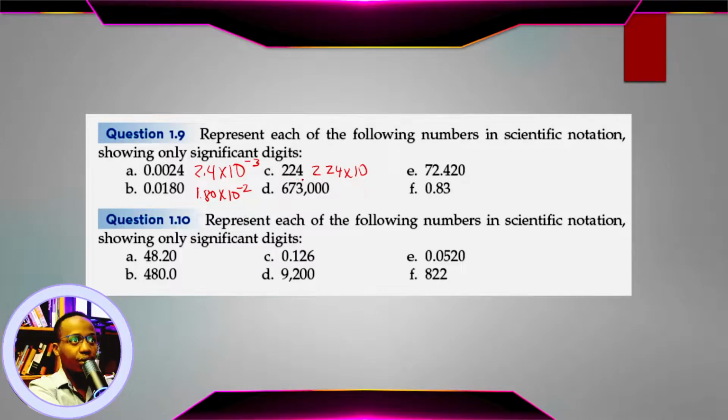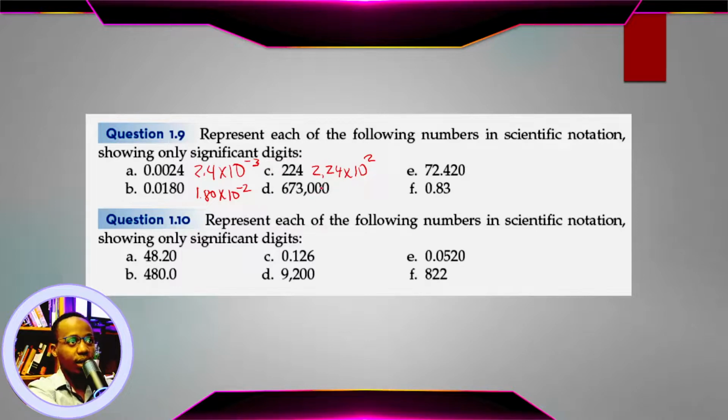We moved 2 times. 2.24 times 10 to the second because we moved only twice, and it's 2, not -2, because this number is above 0.